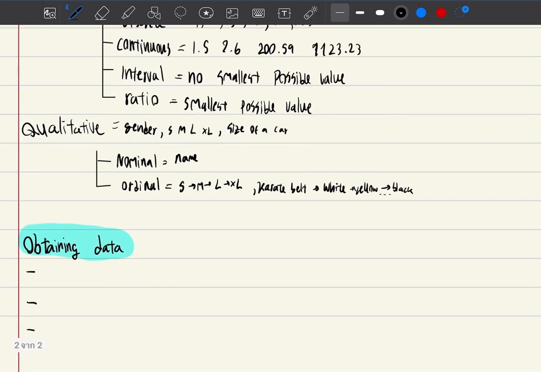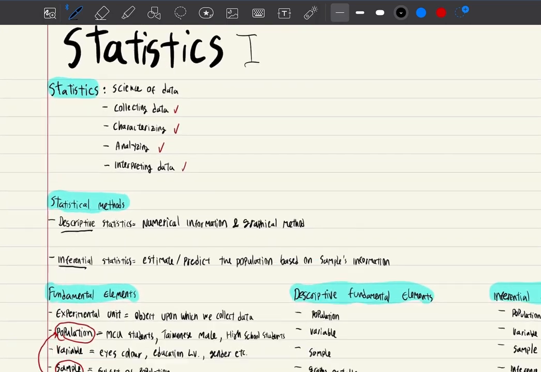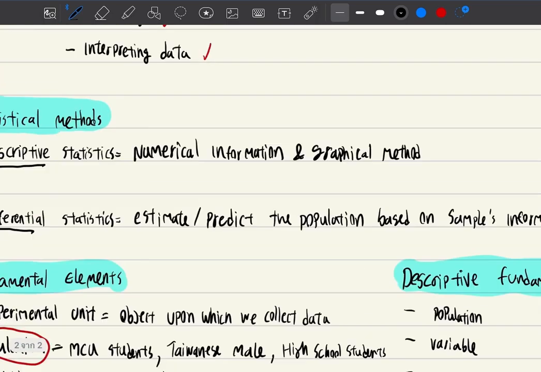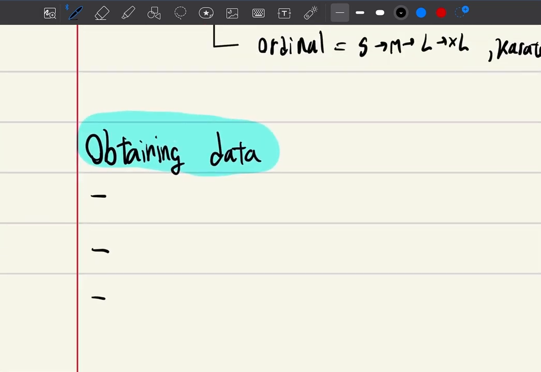So next, let's move to the next one. Now we're going to approach the process of statistics, which is collecting data. To obtain data, we have three ways to do it. First, published source.